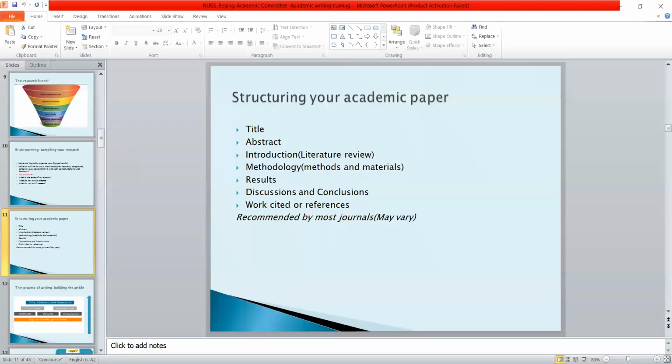For instance, if I'm writing on social media and academic productivity, and I decide to start my introduction, maybe the next subtopic after the introduction will be social media in higher institutions. So that means that from the introduction, I'm beginning my literature review. The literature review answers the questions that you have raised, or the hypothesis that you are trying to find solutions to.